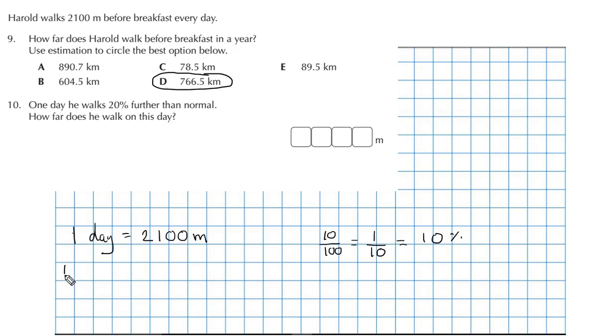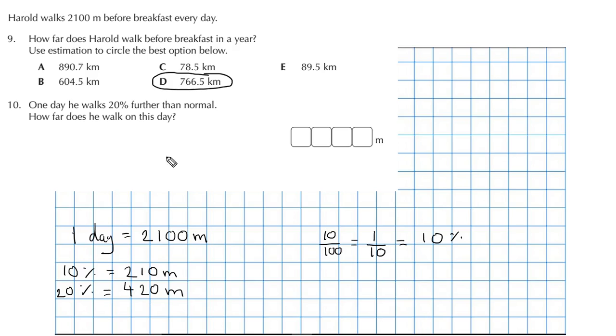So 10% equals 210 meters. Now if 10% equals 210 meters, 20% is 2 times what 10% is. So that's going to be 420 meters. Okay, so 20% is 420 meters.